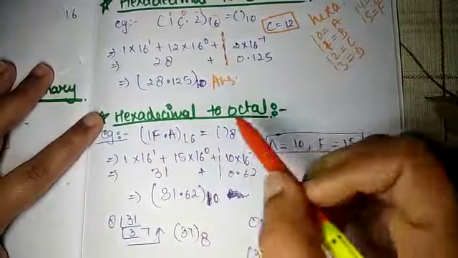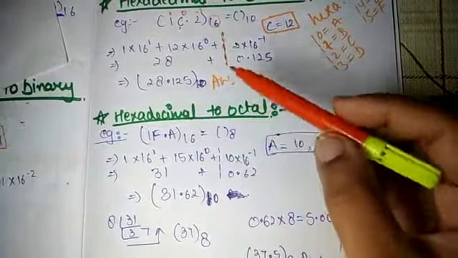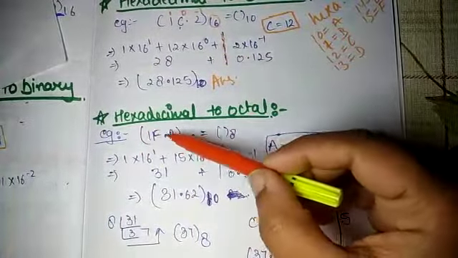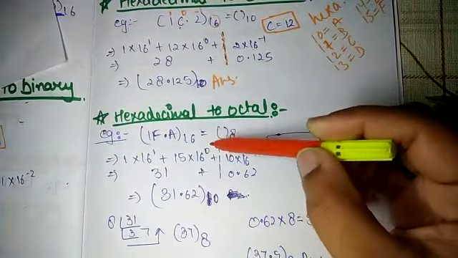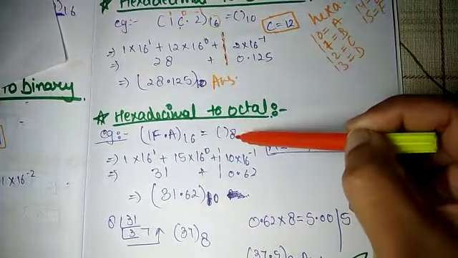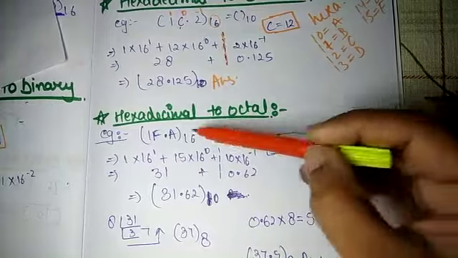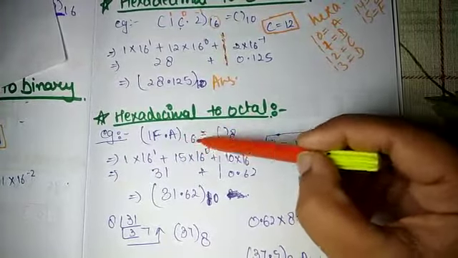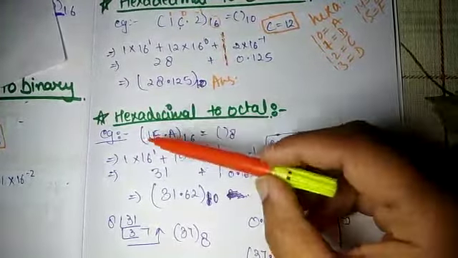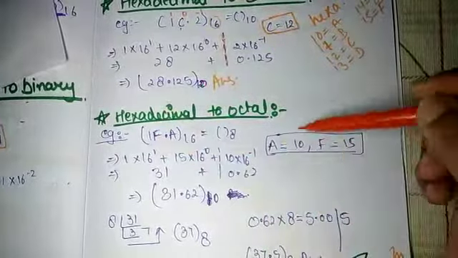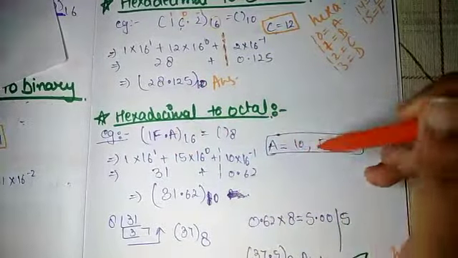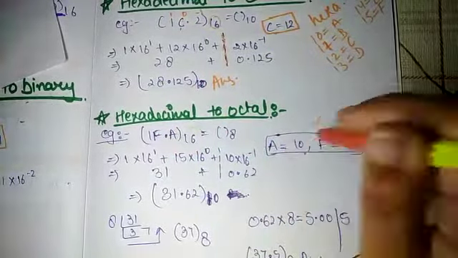The last part which we have to discuss for hexadecimal is the conversion to octal. So hexadecimal to octal: we have a question 1F.A base 16, which will be equal to base 8, which means we are converting it to 8. In the question we can see that F is representing 15 and A is representing 10.